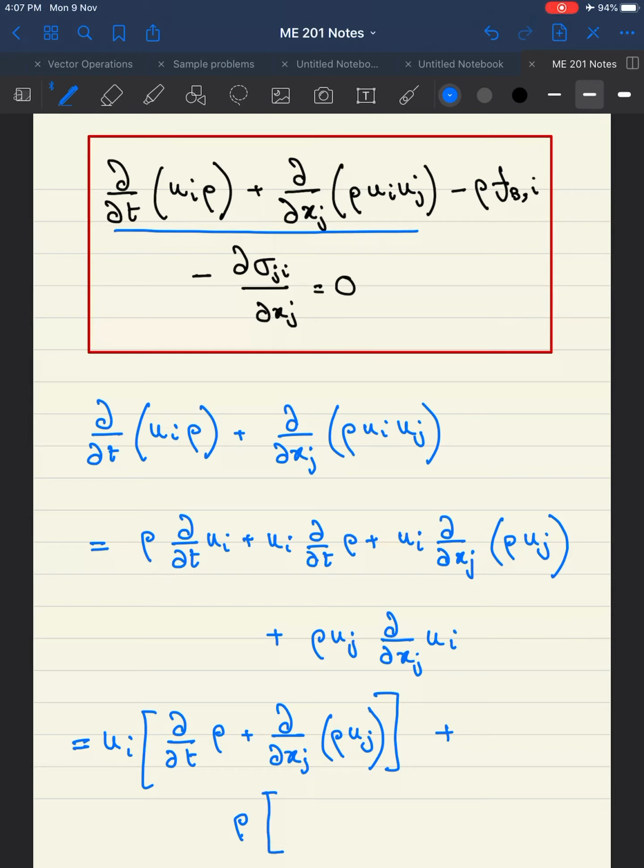And then for the second set of terms, we'll take rho common, and you can write this as rho uj del ui by del xj.